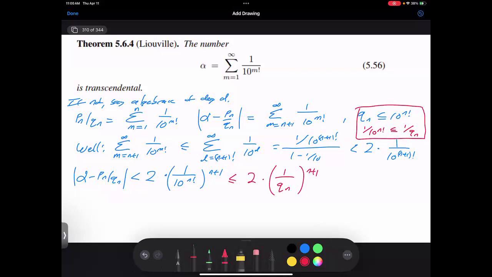Okay, so it violates Liouville once n is greater than d, so alpha is transcendental. So we have now constructed a transcendental number.